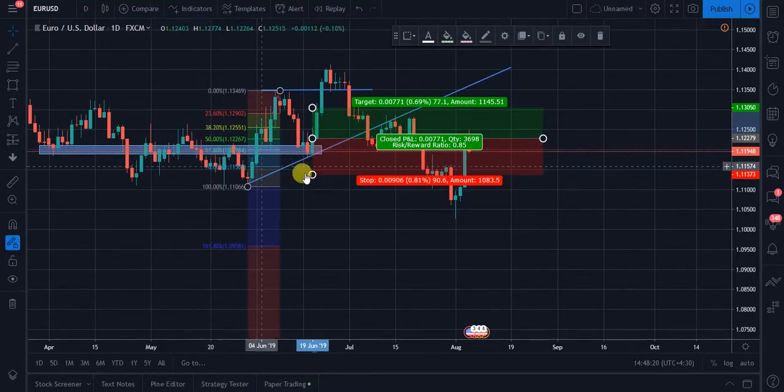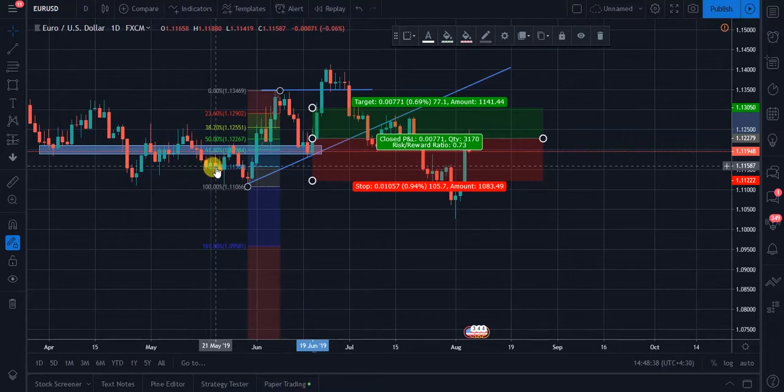But before we enter or open our position, we have to check our risk, and also place our stop loss and take profits. So let's see.